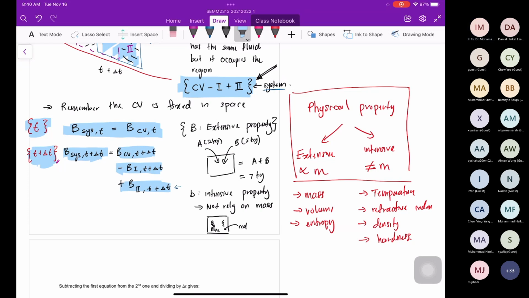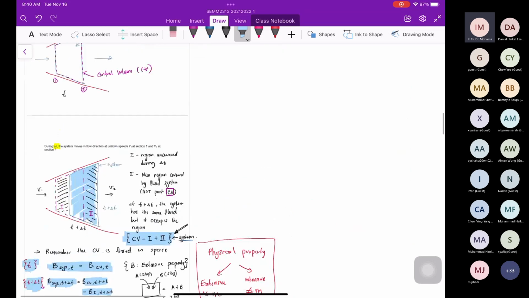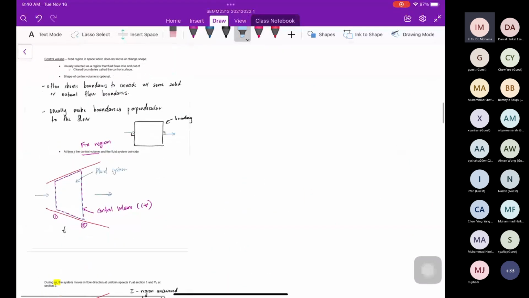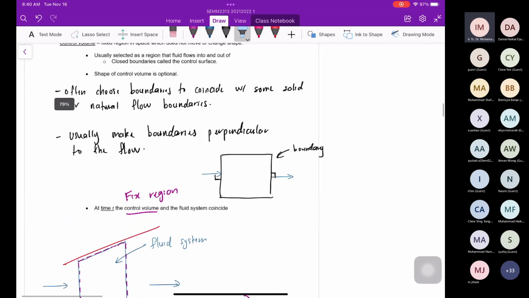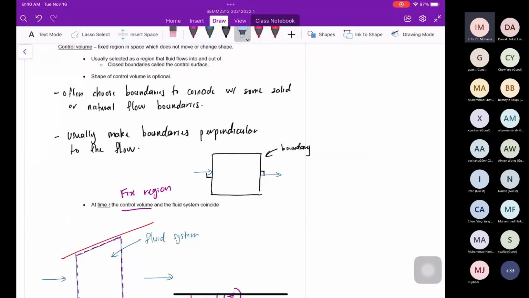Clear? Clear, Doctor. Doctor, I just want to ask, the control volume, do we determine it ourselves? I forgot earlier. Control volume, we decide, and make sure that first it coincides with the fluid system at the initial point, and secondly the boundary must be perpendicular to the flow.